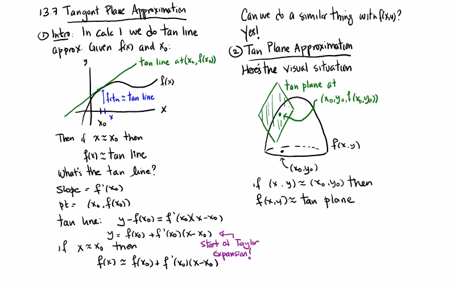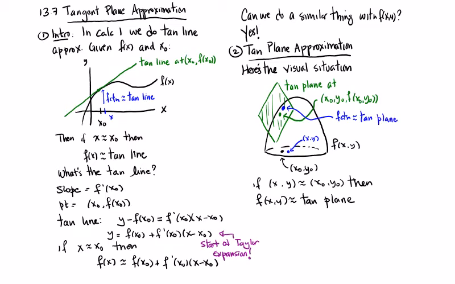For example, if I pick something that's close to this point, like that's xy, if I go up to the plane, might be maybe about here, that's not going to be exactly on the function, but it'll be on the plane, it'll be close to the function. Right? So right here, the function is close to the tangent plane.